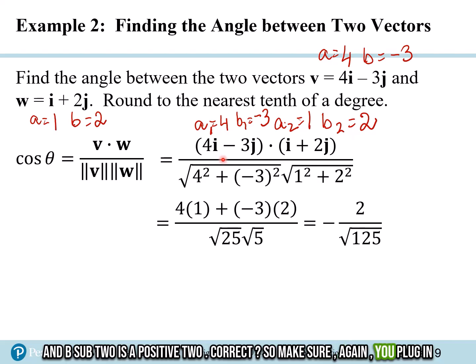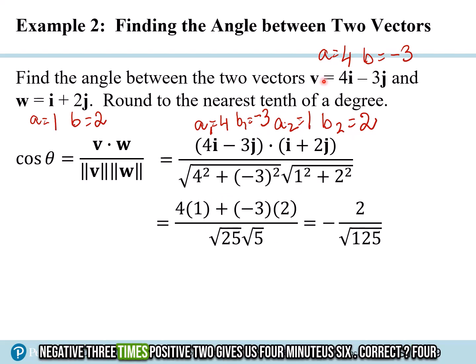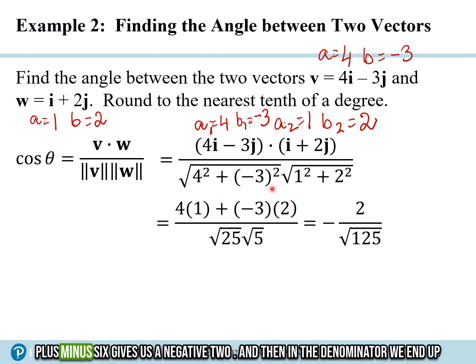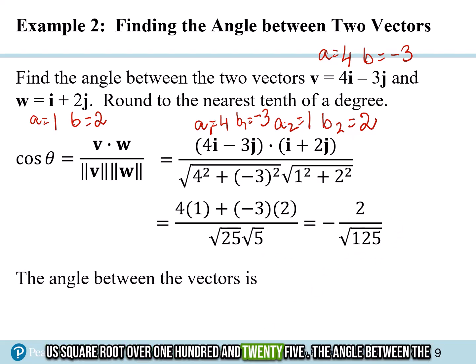So make sure again you plug in the values correctly. It's 4 times 1, A1 times A2, plus negative 3 times positive 2, which gives us 4 minus 6, correct? 4 plus minus 6 gives us a negative 2, and then in the denominator we end up with square root of 25 times square root of 5, which gives us square root of 125.